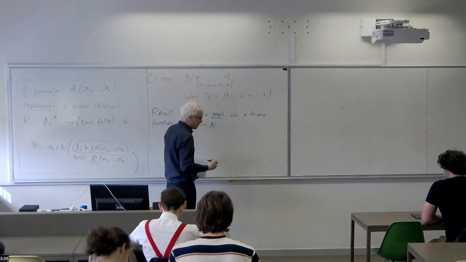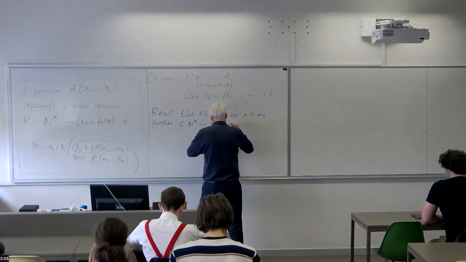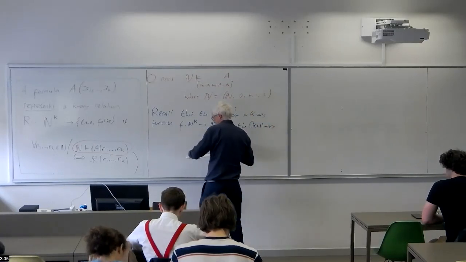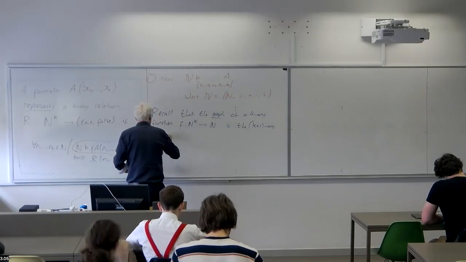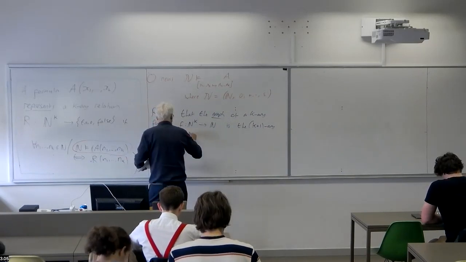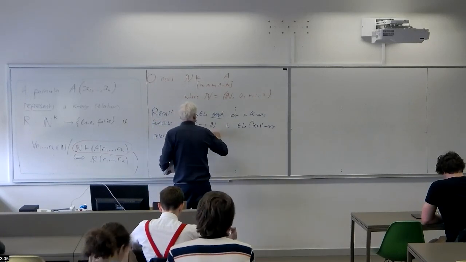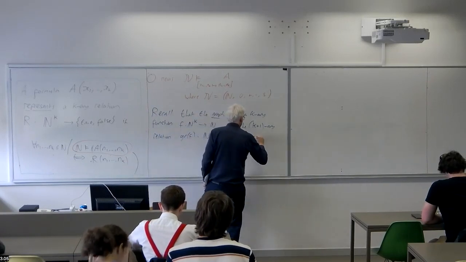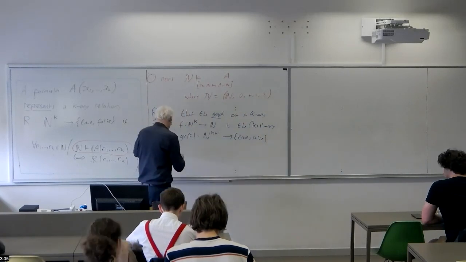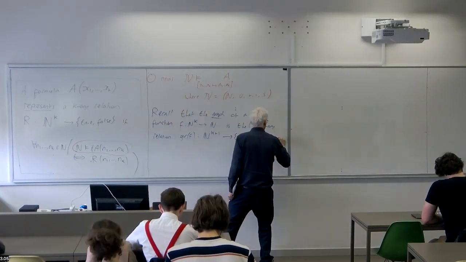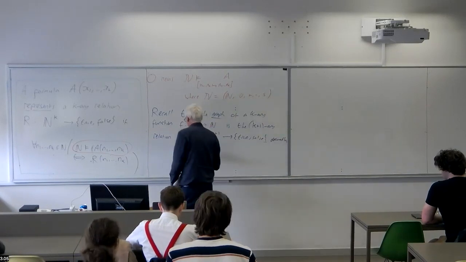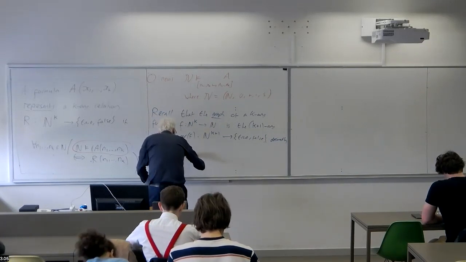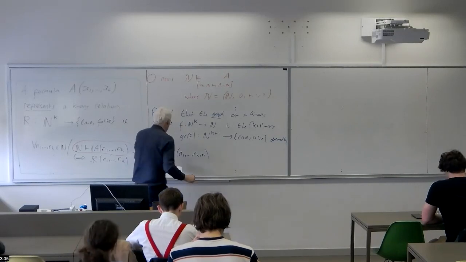The graph is the k plus 1-ary relation, so it maps k plus 1 tuples of natural numbers to true or false.